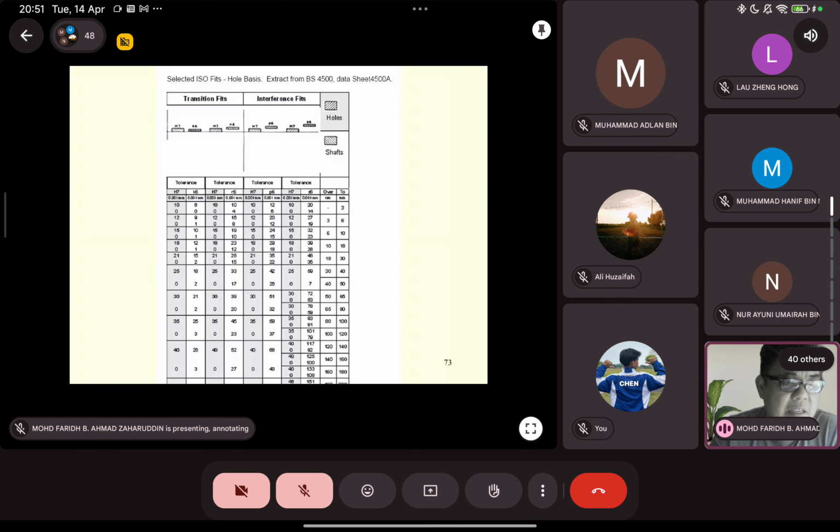Let's say we want to take diameter 10 mm with, let's say, H7 P6. This one, H7 P6. Just to remind you, if someone asks, doctor, where does this come from? The 7 and 6, what are these numbers referring to?